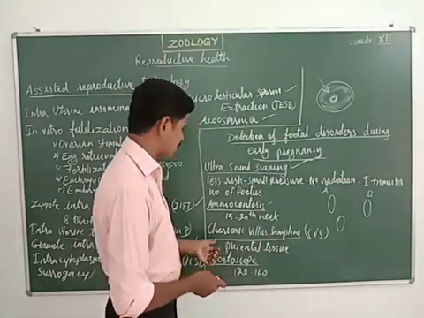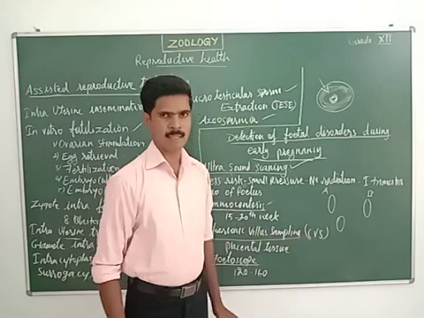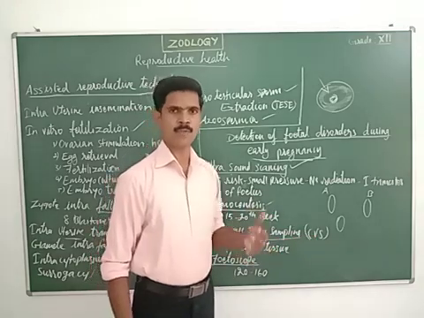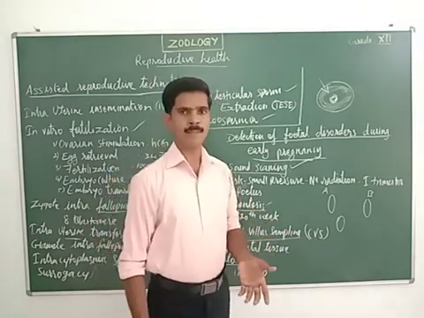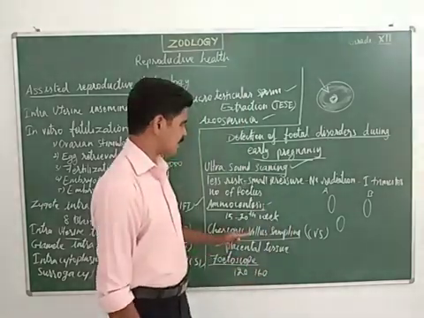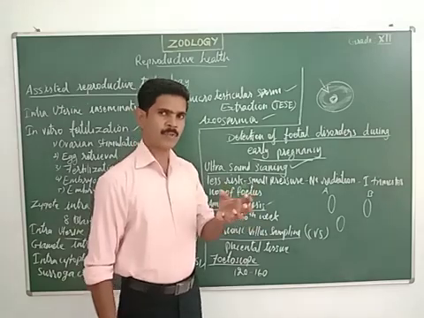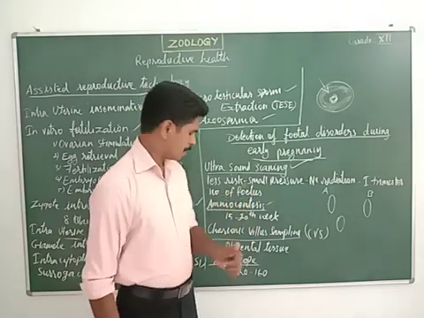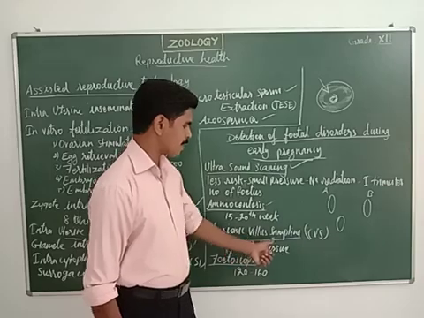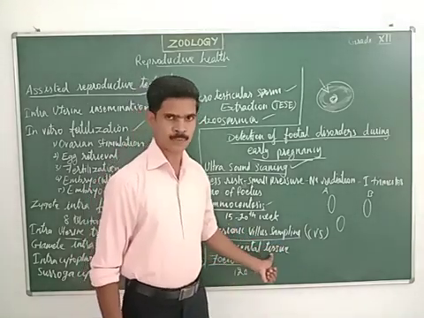Then the next technique is called chorionic villus sampling, CVS. This is also a technique used to identify abnormalities in the developing fetus. But in amniocentesis, the sample fluid is taken from the amniotic fluid, whereas in chorionic villus sampling, the sample is taken from the placental tissue.